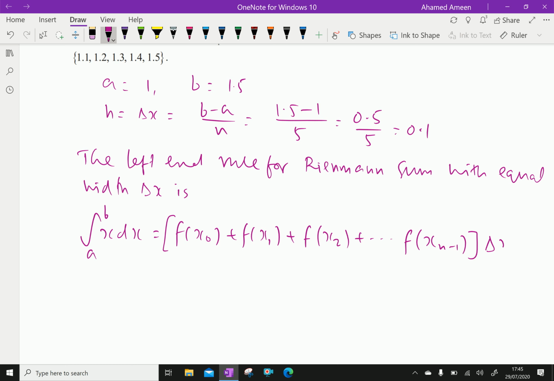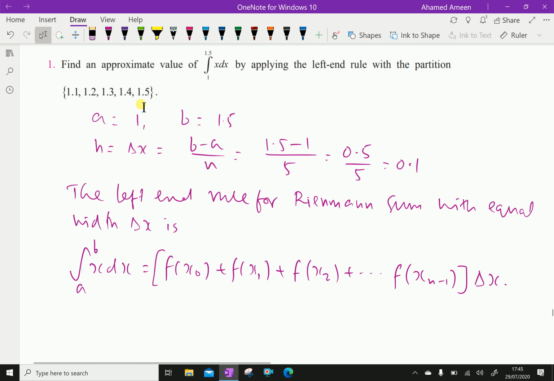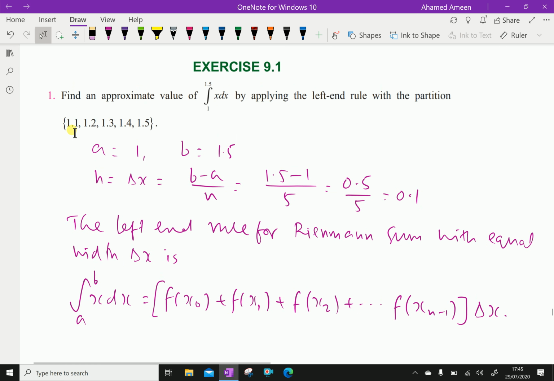With left, we have to take the initial point, not 1.1. For left you have to take 1 and for right you have to take 1.5.